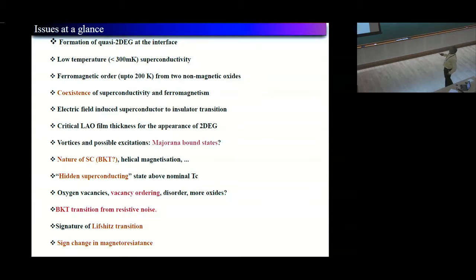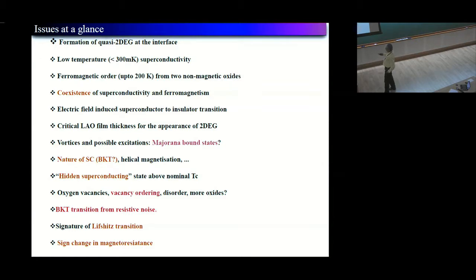There are these questions of Majorana bound states, which we actually raised, that there are possibilities here. Nature of superconductivity, then hidden superconductivity as Ovik showed. Of course, there is this particular question that I will address also, where people find the oxygen vacancies in order. So D.D. Sharma and company, for example, have been spending some time on it.